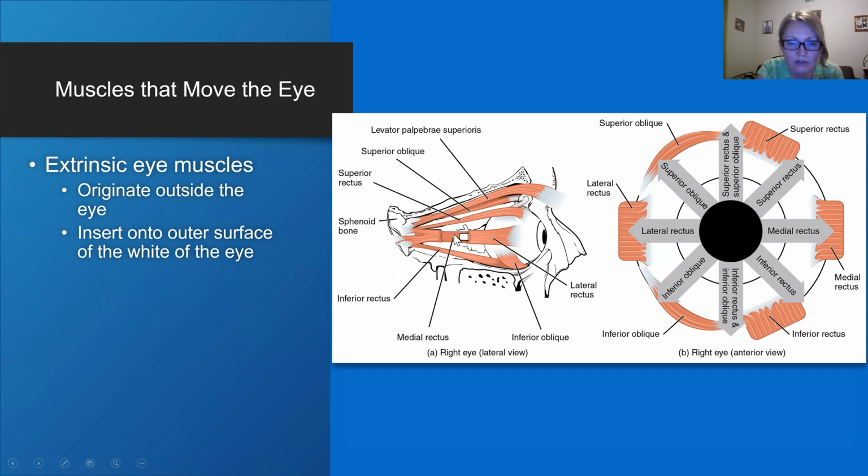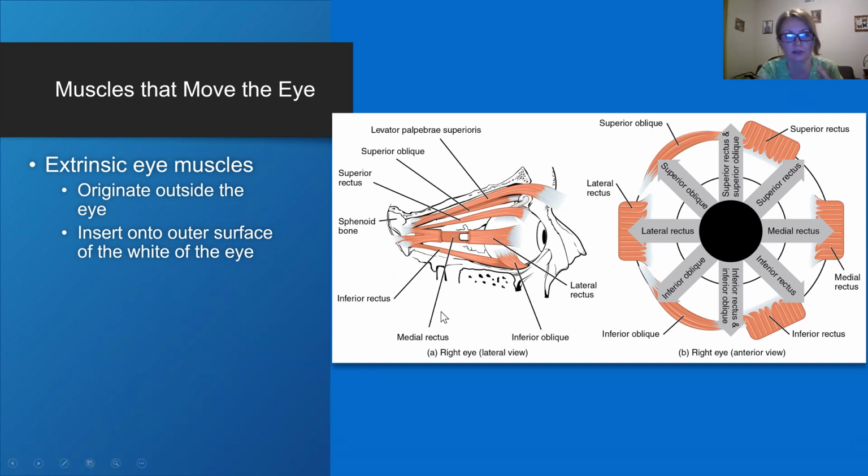This one is shown medial, so that would be right there, close to your nose, right? You see this is a nasal bone. They cut the lateral rectus so you can see that medial side. Remember, medial means towards the midline of your body.